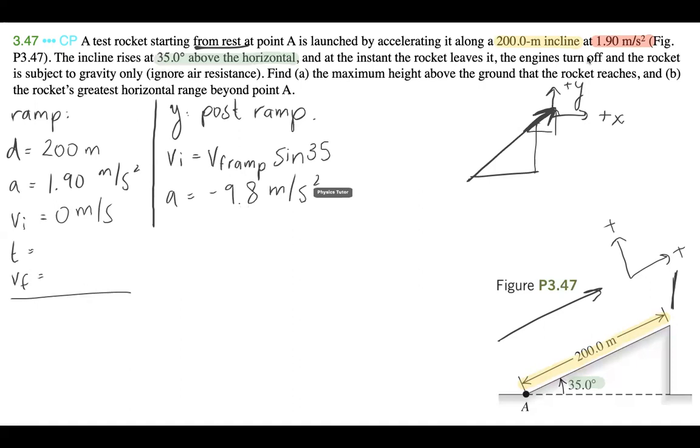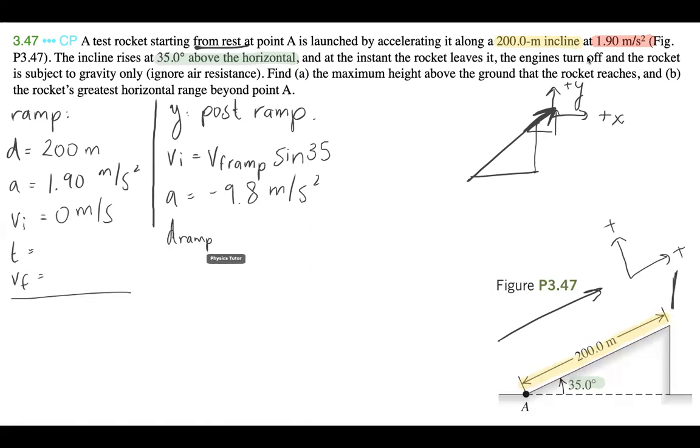What else? I guess we can say that the height that it's going to reach back to the ground is the ramp height.